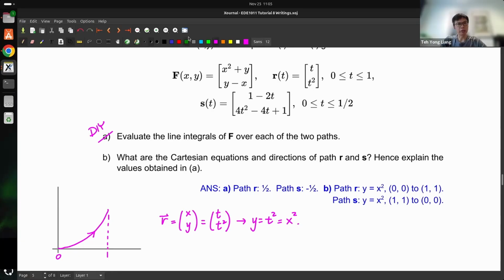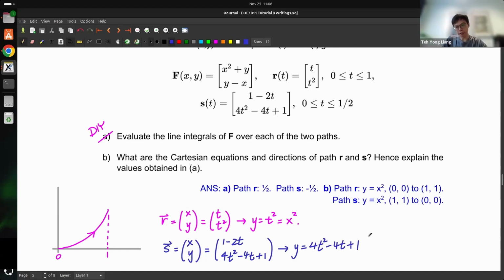Then let's look at the blue color curve, which is s of t. So s is also xy, but x in this case is 1 minus 2t, then y in this case is 4t squared minus 4t plus 1. I can observe that y is this 4t squared minus 4t plus 1.